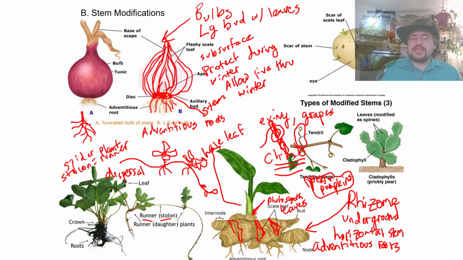Last but not least comes the cladophylls. So cladophylls are seen in the cactus. And a cladophyll is a modified, flattened stem, and it is photosynthetic.